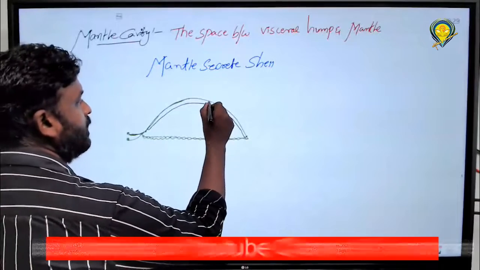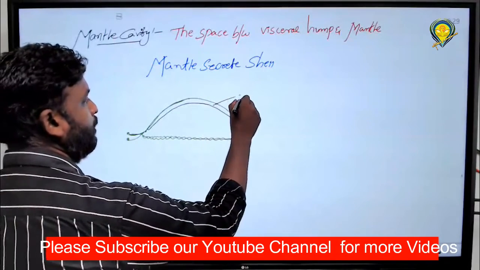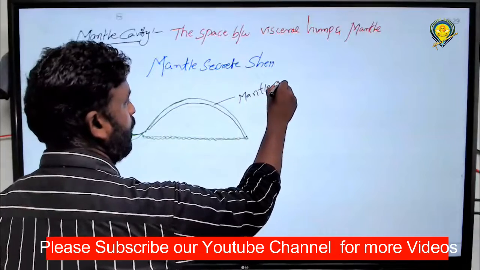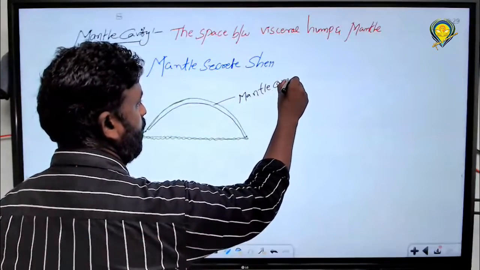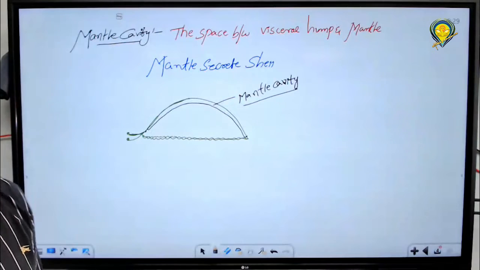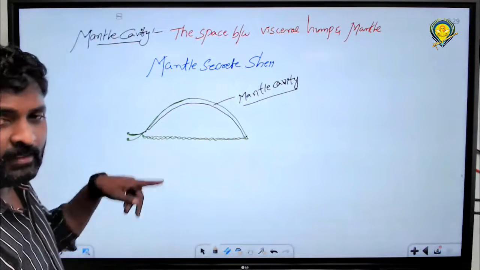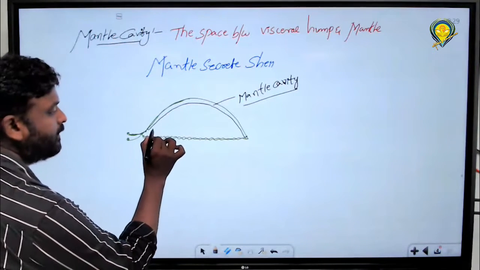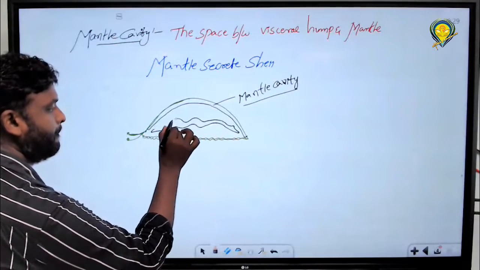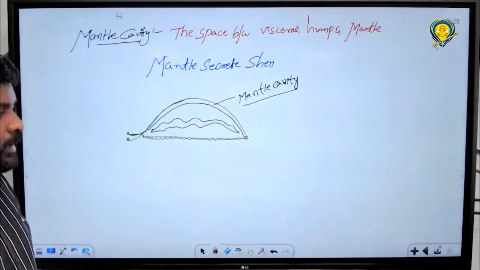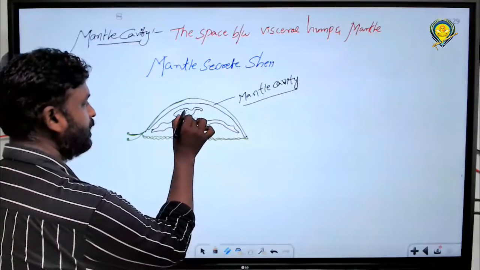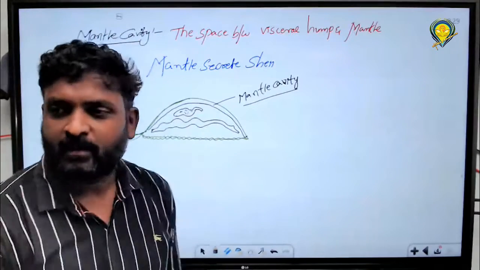You know what this is? Mantle cavity. And here is even the digestive system, and here the presence of gonads. Got it?